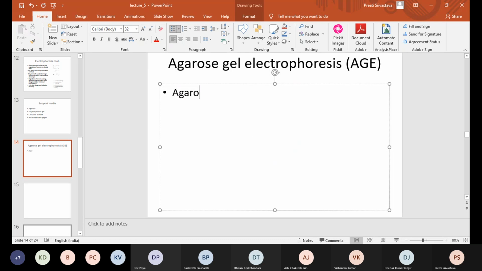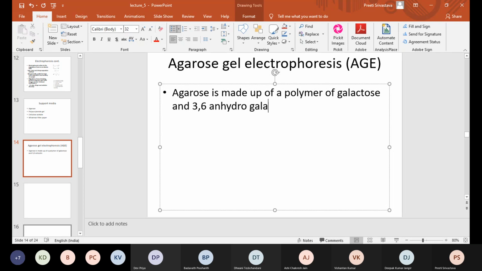So first, to understand what agarose is made up of: agarose is actually a polymer of galactose and 3,6 anhydrogalactose.